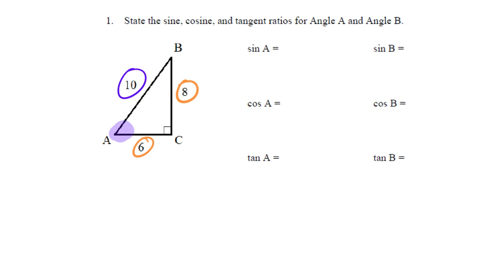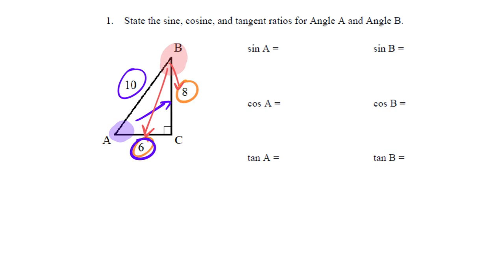If I'm looking from the perspective of angle A, then 8 is opposite, 6 is adjacent. But if I flip perspectives and I now look at that triangle from the perspective of angle B, well, now 6 is my opposite and 8 is my adjacent.